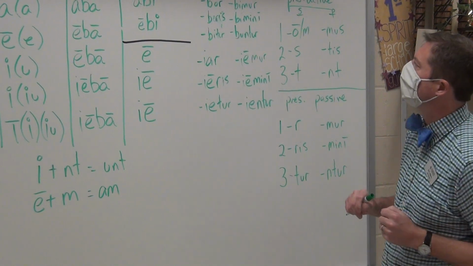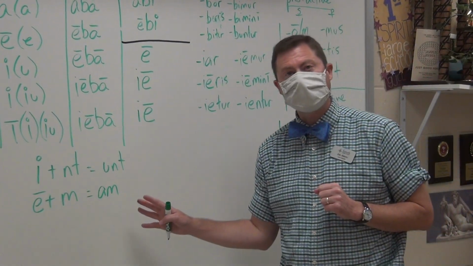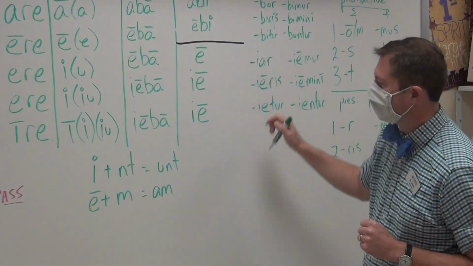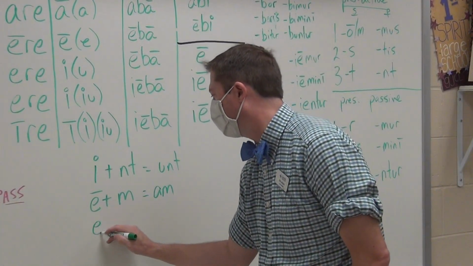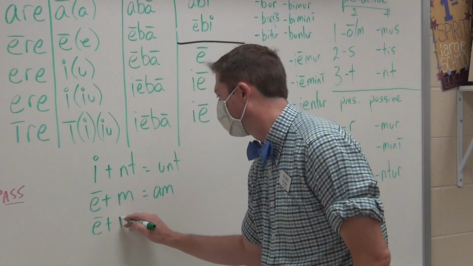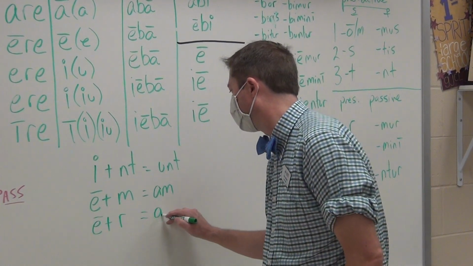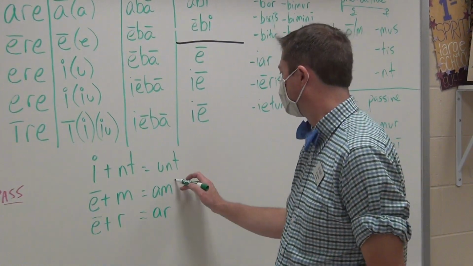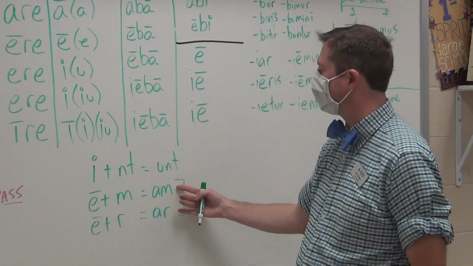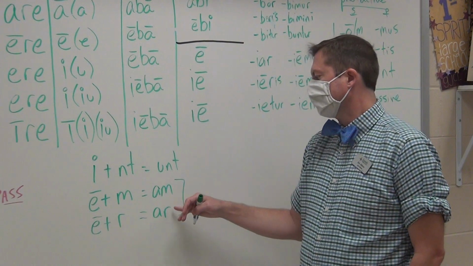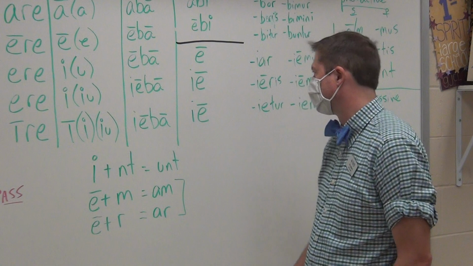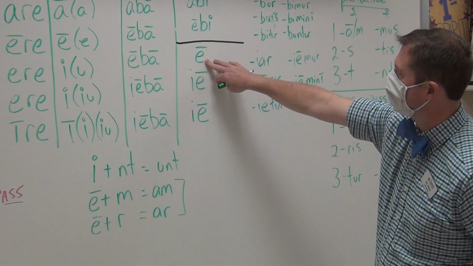Now there's two things we need to point out. One, we have a couple of new equations to learn. And the first one, let's deal with this. If I have a long E plus an R, it now will become an AR. That's a new equation. But remember, that's like peas in the pod. And when you see AM as a verb, or AR, it's future, because that long E is most likely that long E right there.